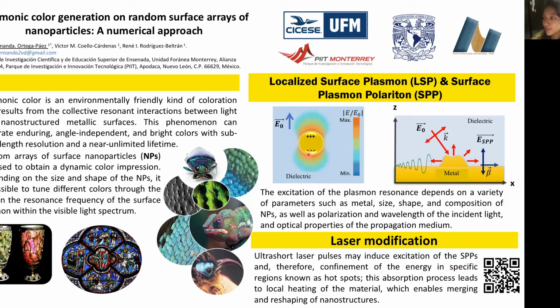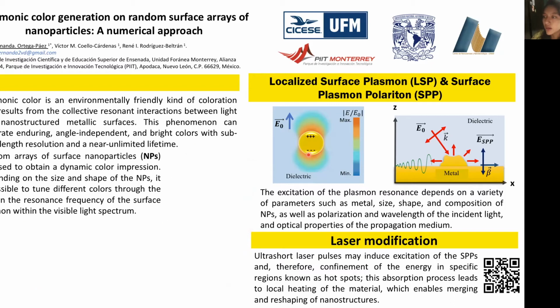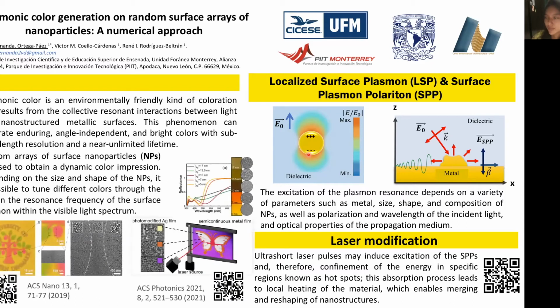Recently, it has been discovered that it is possible to realize plasmonic color printing using laser processing on disordered arrays of nanoparticles. As we can observe in this microscope image, these arrays of nanoparticles can support plasmonic resonance in a bandwidth spanning the visible spectrum.